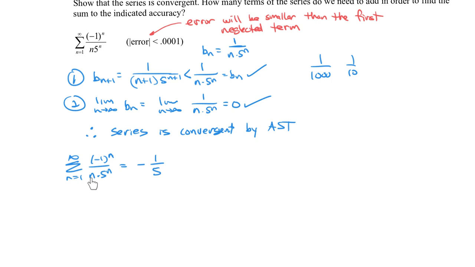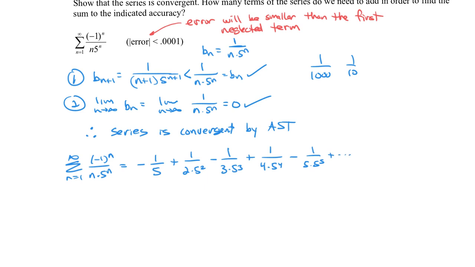Now if I plug a 2 in there, I'm going to get 2 times 5 squared. This will be a positive, so it'll be a plus 1 over 2 times 5 squared. Then I plug a 3 in there, it'll be negative again, 1 over 3 times 5 cubed. And let's do 2 more. Plug a 4 in there, I'll get 1 over 4 times 5 to the 4th. And 1 more, get 1 over 5 times 5 to the 5th.